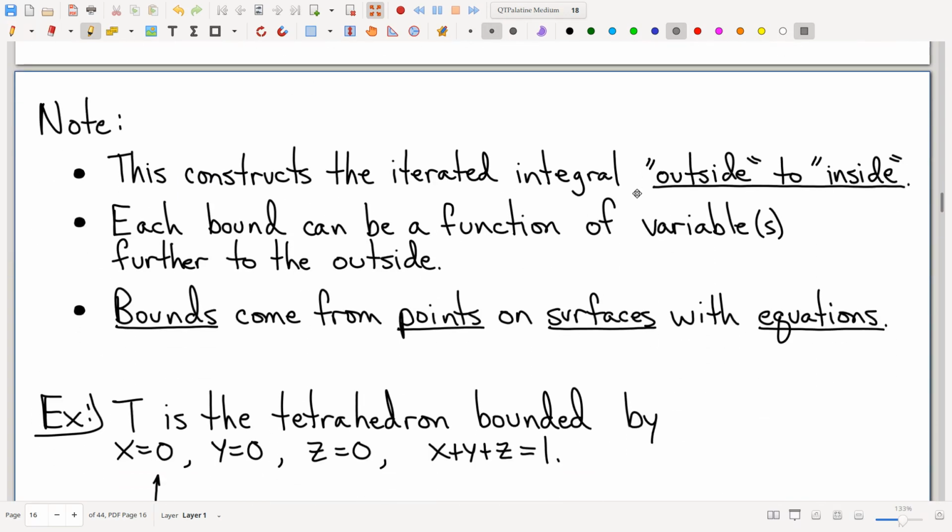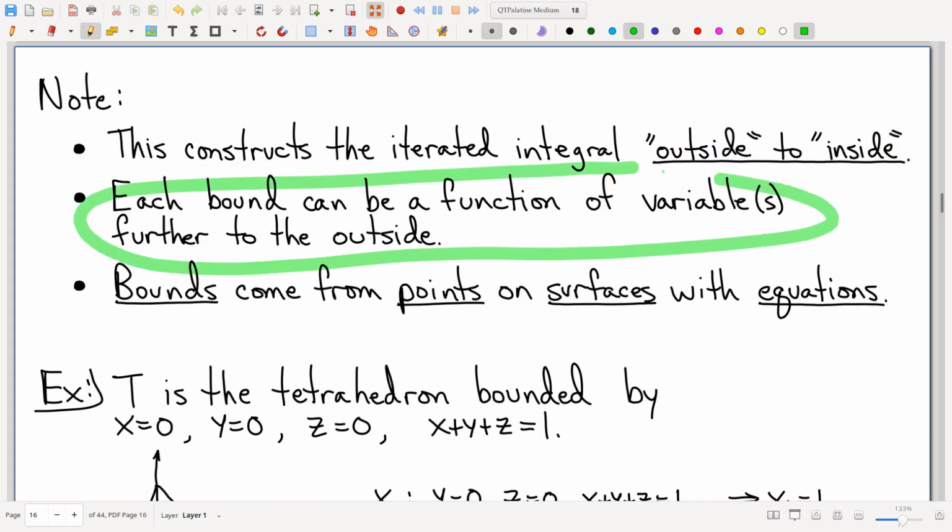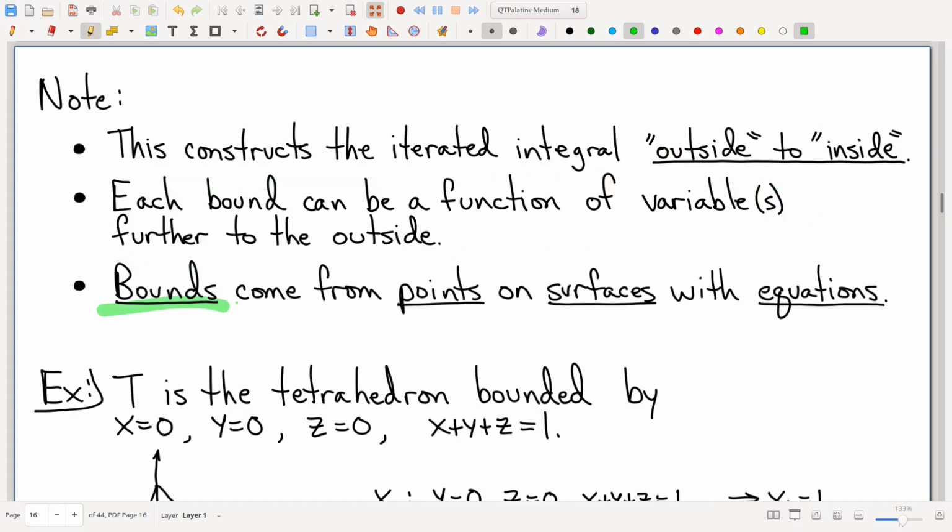Right, so a couple of broad strokes though, again, pretty much stolen from double integrals. When we construct the iterated integral, we start on the outside and move toward the inside, just like with double integrals. Bounds are functions of variables further to the outside, just like with double integrals. And how do you find bounds?